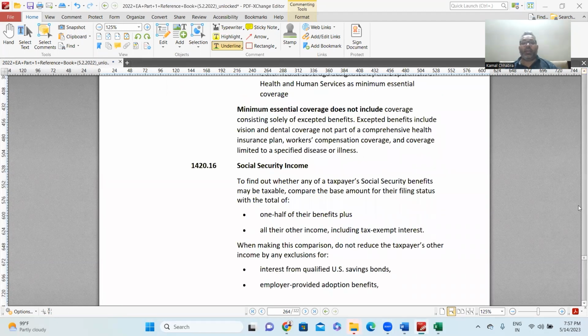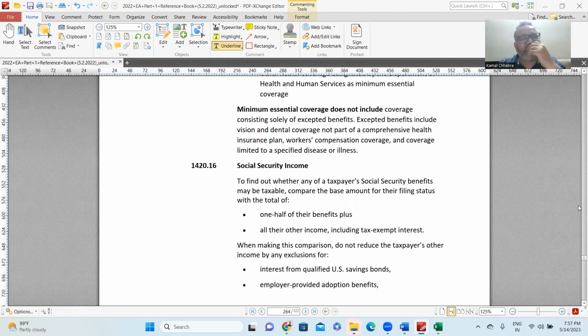Social security income. When do you get social security income? After the retirement, right? So to find out whether any taxpayer's social security benefit may be taxable, compare the base amount of their filing status with the total. So how much social security income is taxable? Principally, when you receive social security income after retirement, it is generally non-taxable.